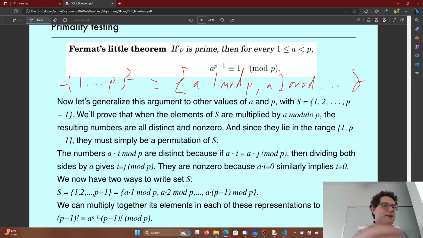And we do the same thing over here. We just take the entire set and multiply it against every element in there. That would be p factorial over here. And on the other side, we get p factorial times a to the p minus 1, because there's p minus 1 elements, and we multiplied every element in there by a.